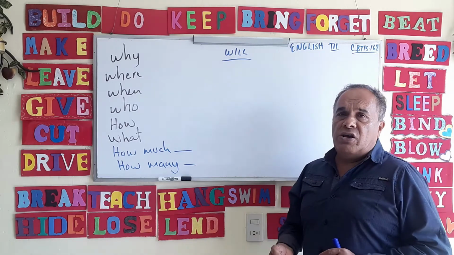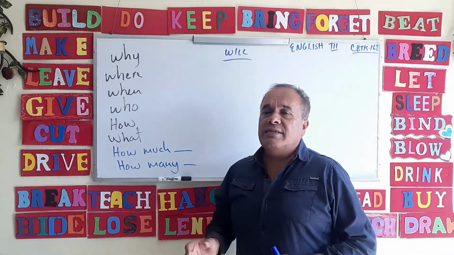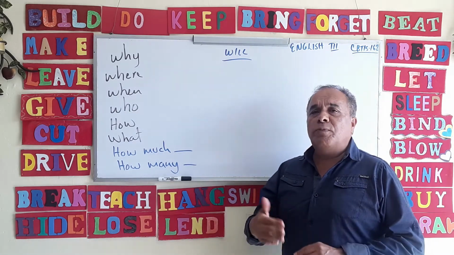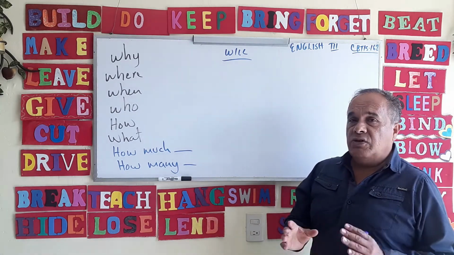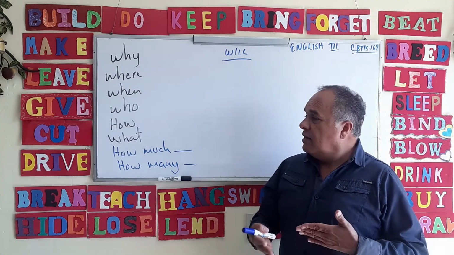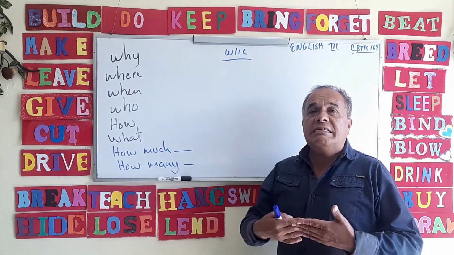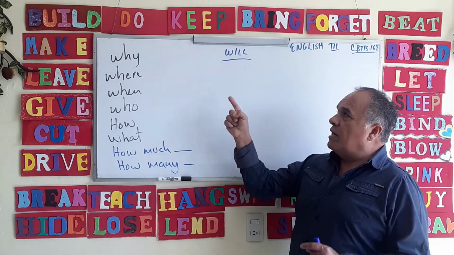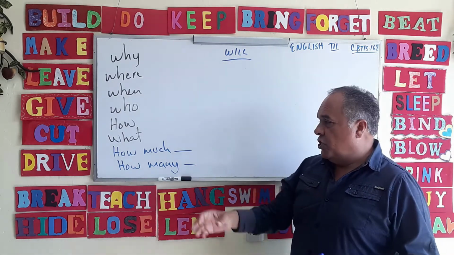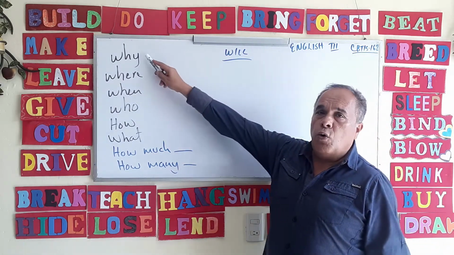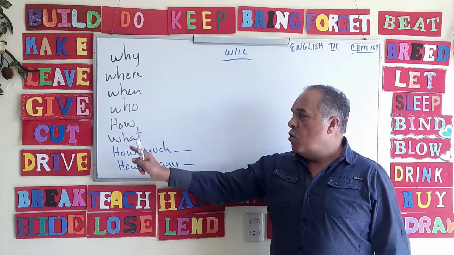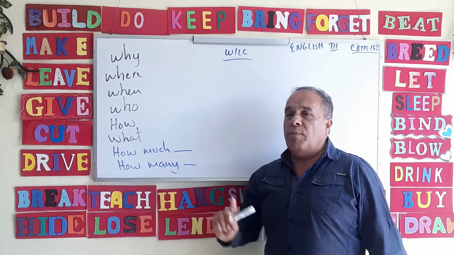In the last video, you did some activities using WH questions. But today, I'm going to give you a short explanation of the easiest way to make questions using will and future. We have why, where, when, who, how, what, how much, and how many.